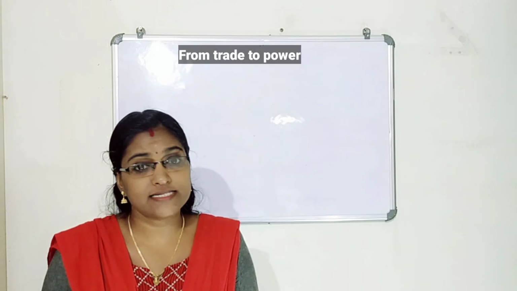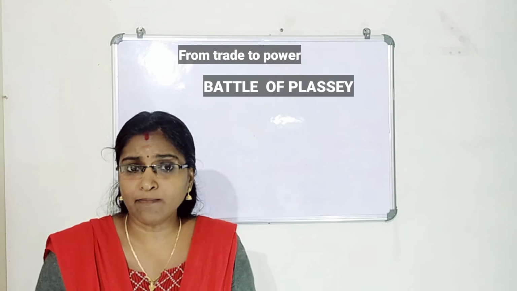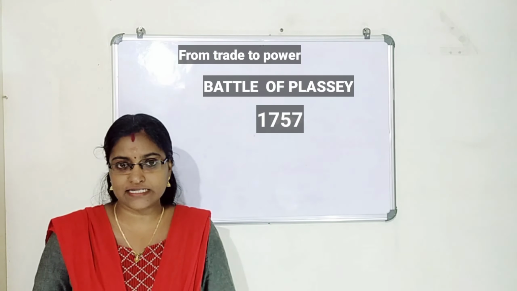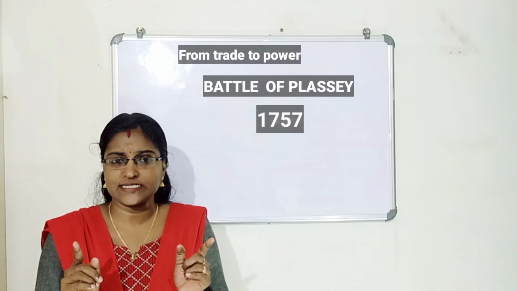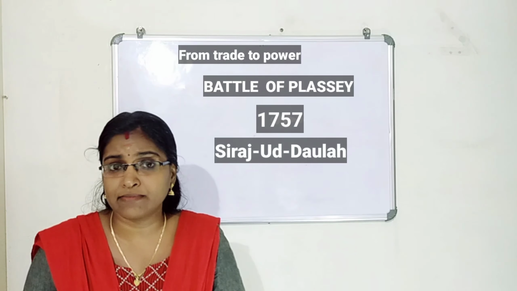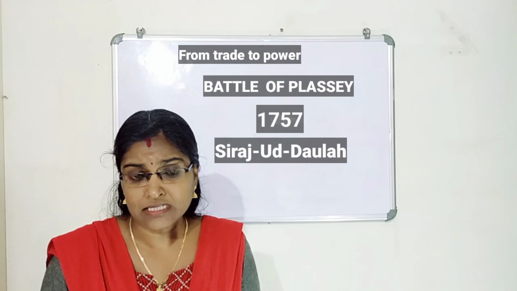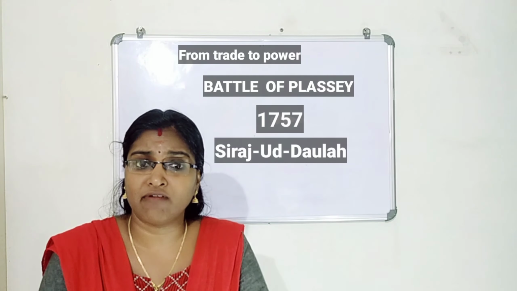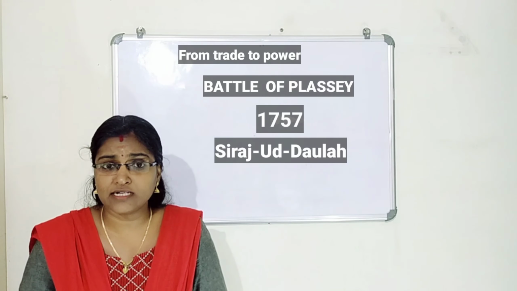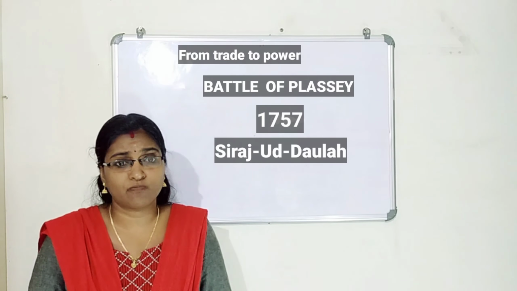British defeated Siraj-ud-Dowla, the Nawab of Bengal, in the Battle of Plassey in 1757. That means Siraj-ud-Dowla, the Nawab of Bengal, means King of Bengal, was defeated in the Battle of Plassey.